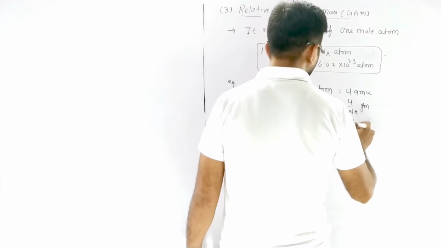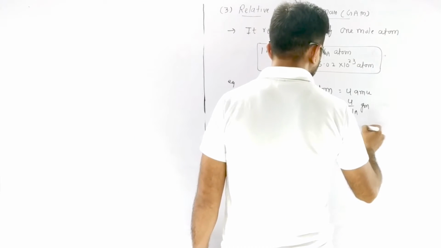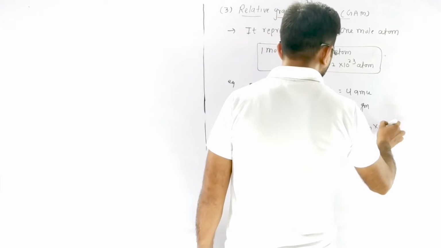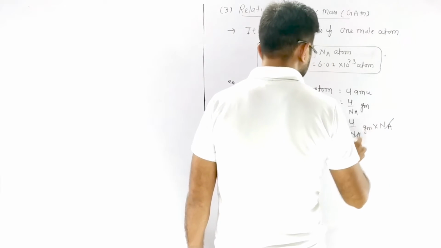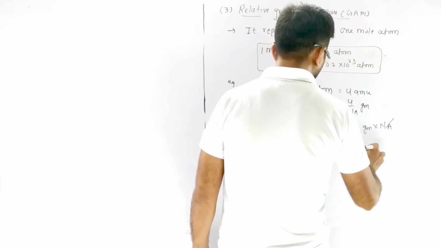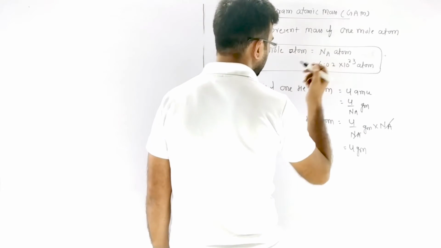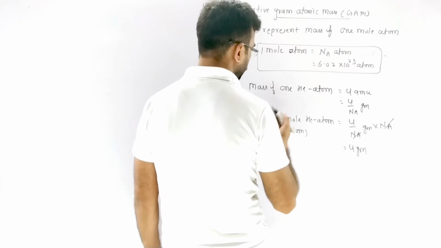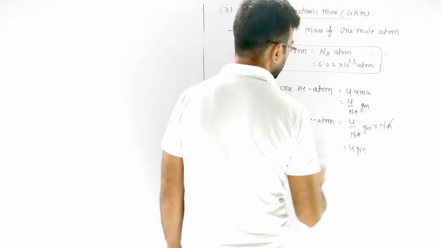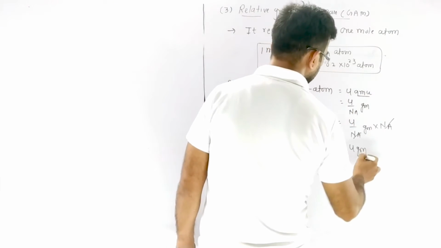Then we write 4 divided by N_A gram and multiply by N_A. So this value cancels out and the value is 4 gram. So the important thing is that the mass of 1 helium atom is 4 AMU, but the mass of 1 mole of helium atoms is 4 gram. So we replace the AMU unit by gram.